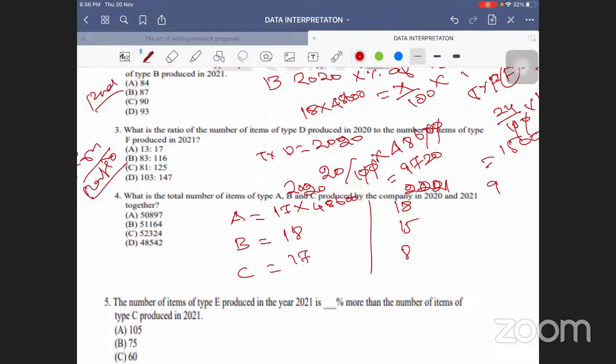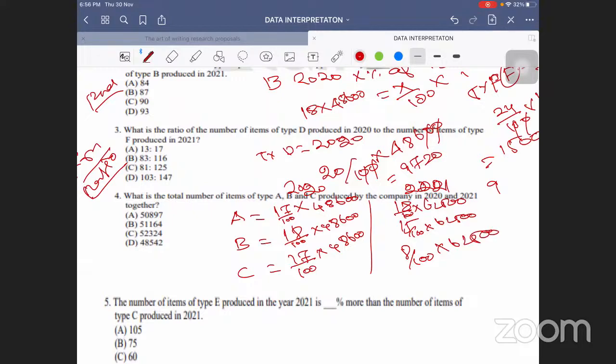So this is a percentage. We write 17 by 100 and 18 by 100 into 48,600. So the 2020 total production is 6,500 into 100.